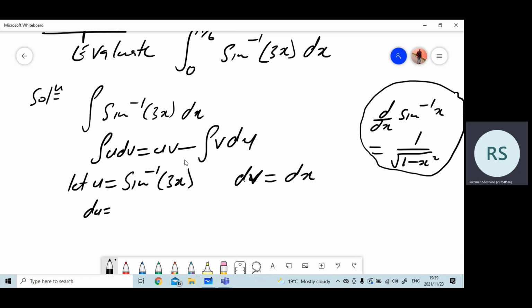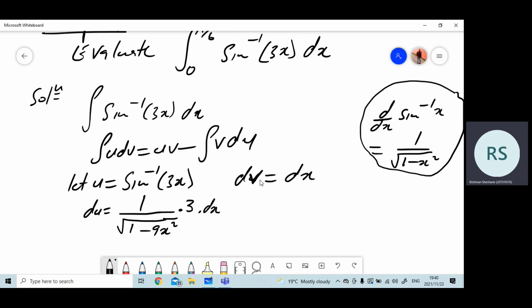Where there's x, I will put 3x. So the derivative of sine inverse of 3x would be 1 over square root of 1 minus 9x squared, but there's an inner function, so I need to multiply by its derivative, which is 3. This is my derivative of sine inverse of 3x. Remember to multiply by dx. Du and dv go with dx.